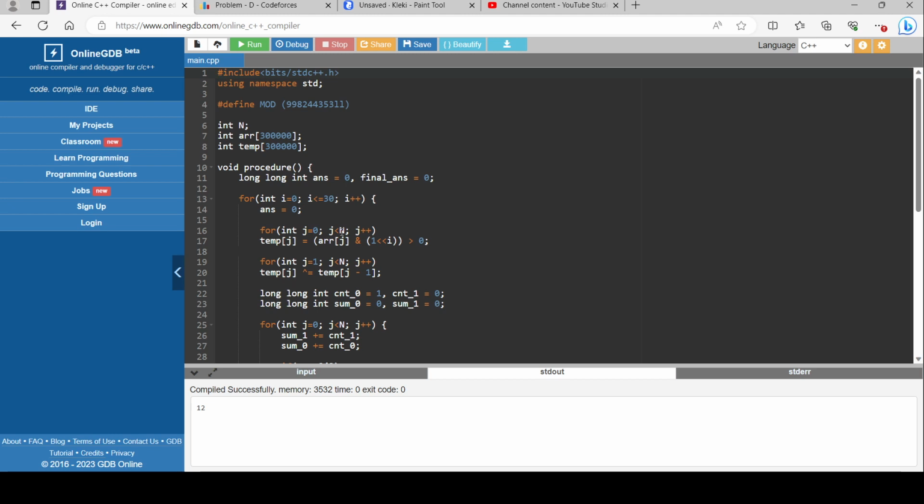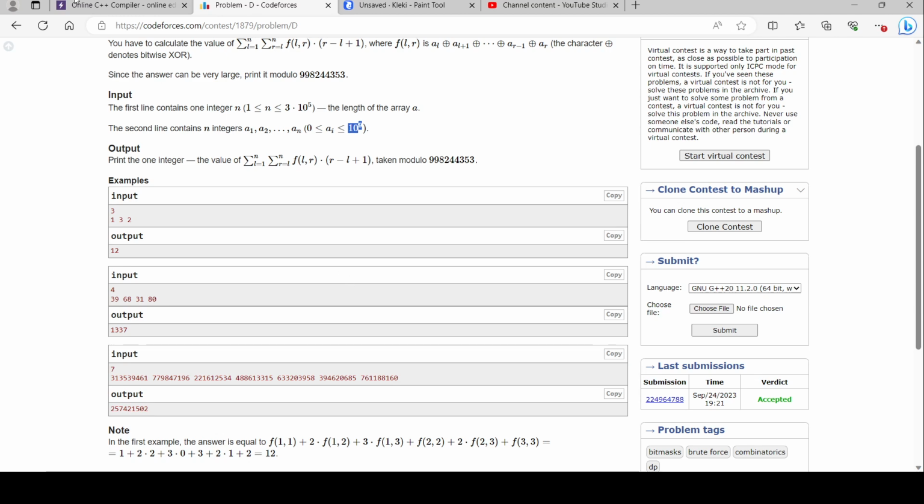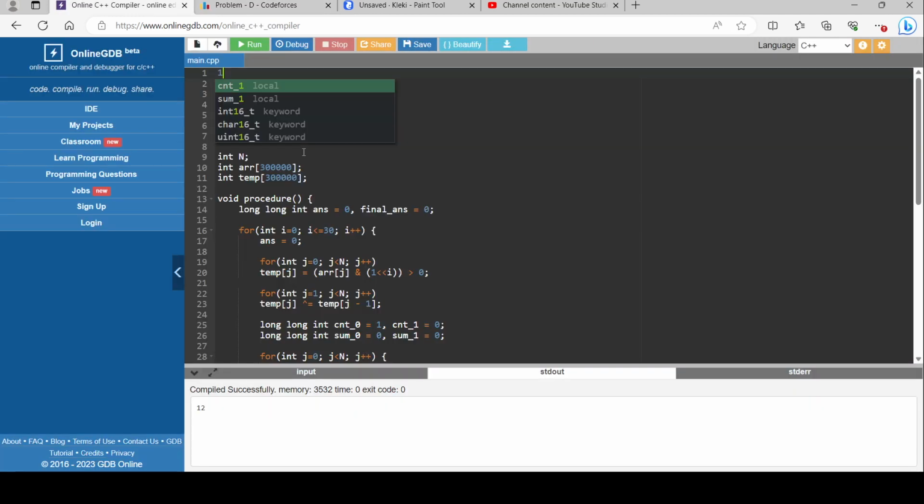Now suppose, what we have to basically check. Temp would be storing the contribution. Let's take the example of 1, 3, 2. In bits, the representation of 1 would be 0 1, 3 would be 1 1, and 2 would be 1 0.